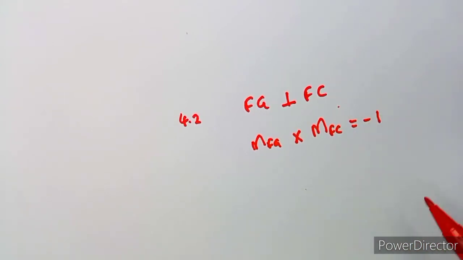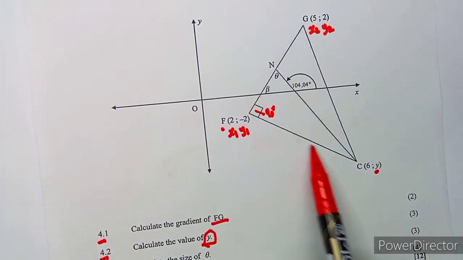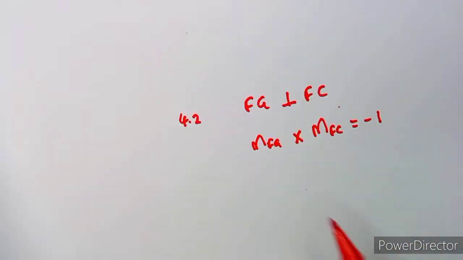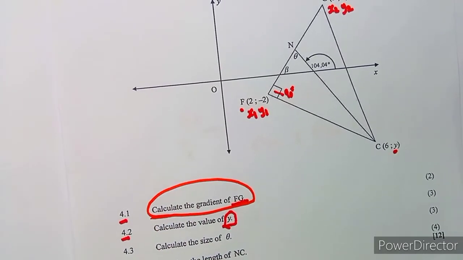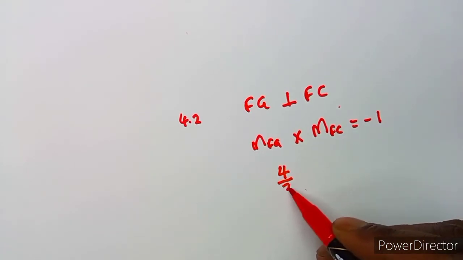This helps us find the value of y, because we can have the gradient of FC in terms of y, since the gradient of FG we determined in the first part: 4 over 3.